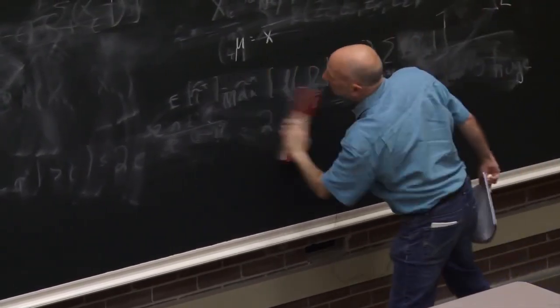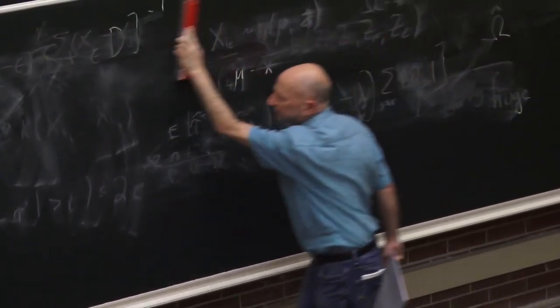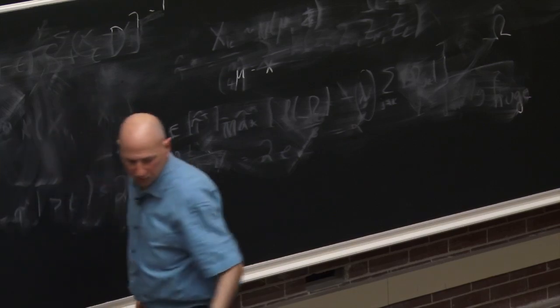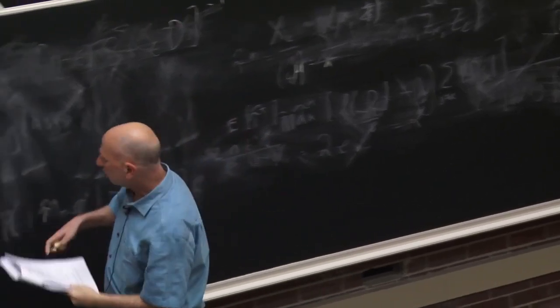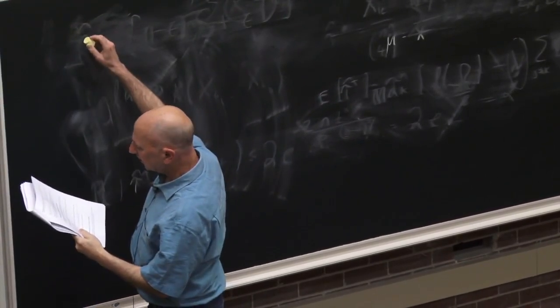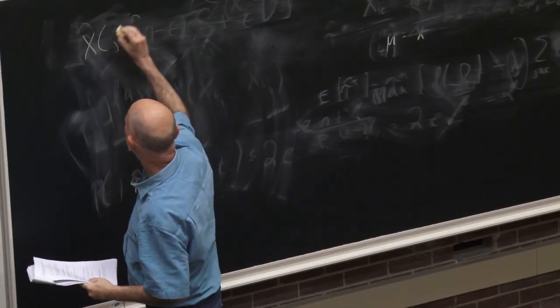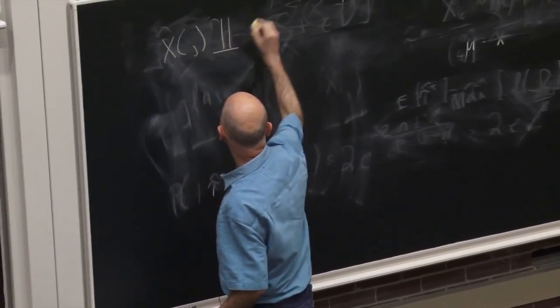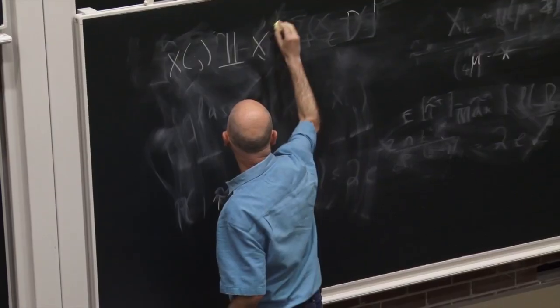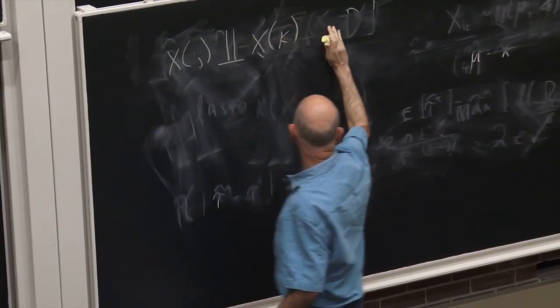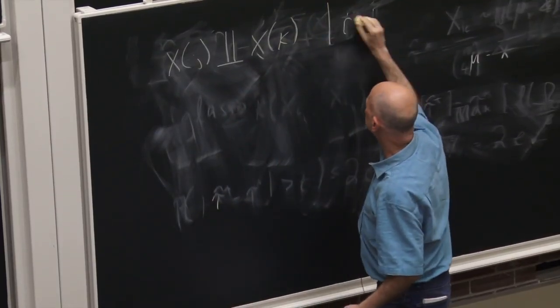So the ultimate graph, in some sense, which really captures the information well, is what we should look at, perhaps: whether xj is independent of xk, conditional on the rest of the variables.